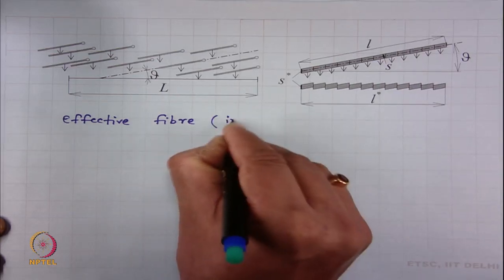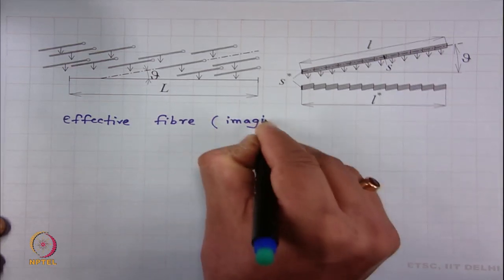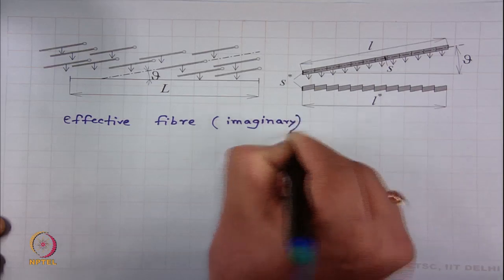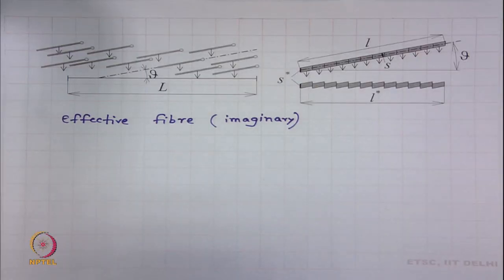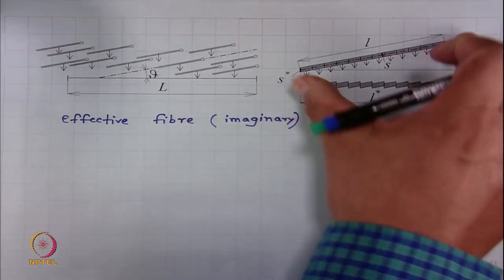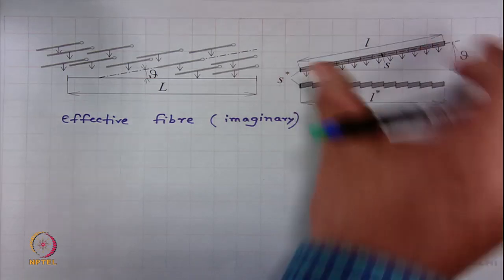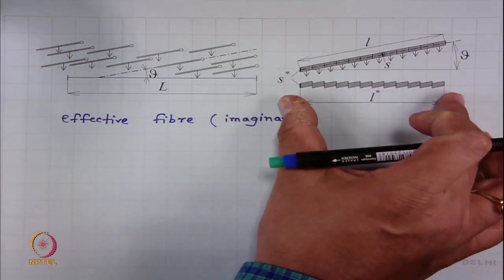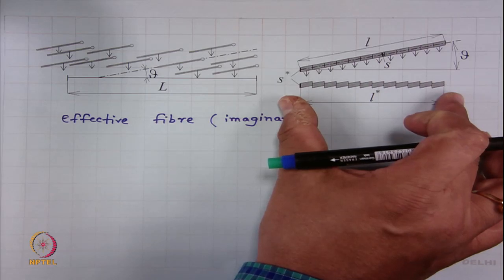Of course, this is imaginative. This fiber will have a length L star. So, the inclined fiber has a length L and this effective fiber has a length L star. What is the relation between L star and L?